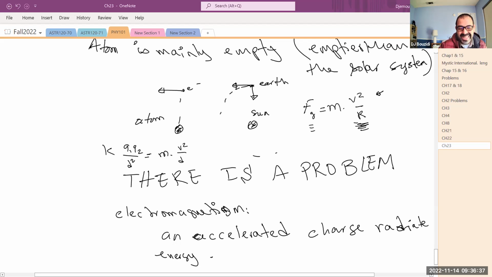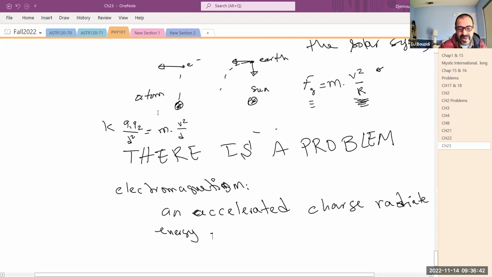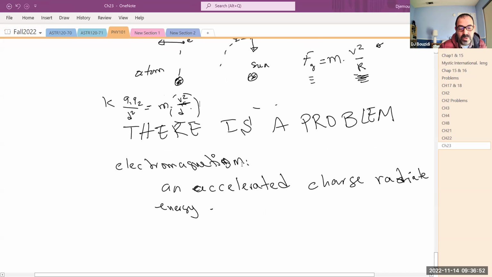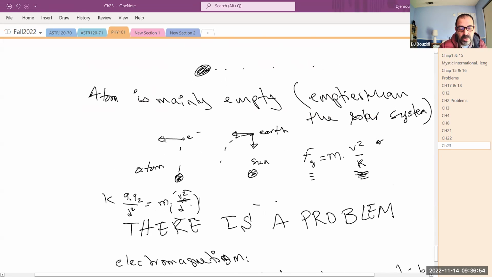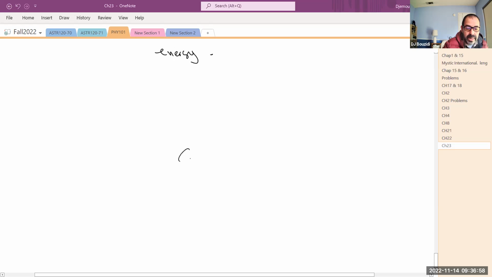So what's going on in this case is, if this picture is to hold, then you have a charge, in this case the electron, going around and accelerated with this very same acceleration. So it's a charge that is accelerated, which means that it's going to radiate energy, which means it's going to lose energy. Therefore, the nucleus sitting in here and the electron cannot stay in orbit.